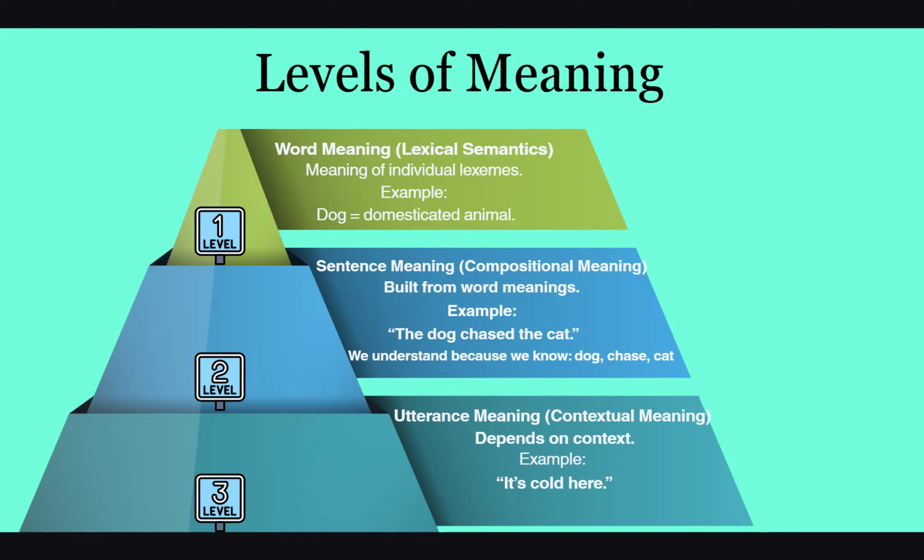Possible utterance meanings of this sentence: first, a statement about temperature, second, an indirect request to close the window, and third, a complaint. Same sentence, different meaning in context, is the utterance meaning.